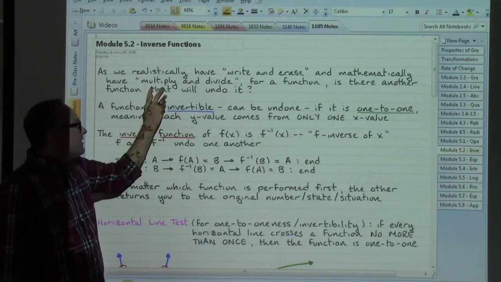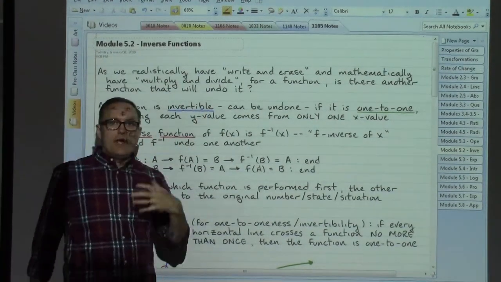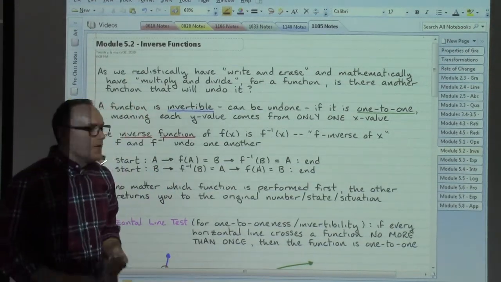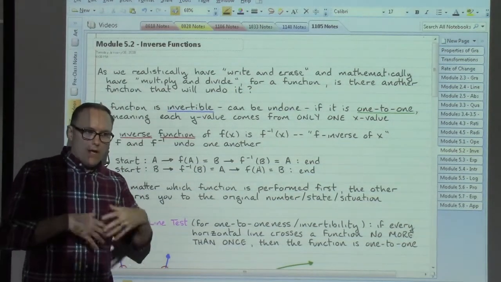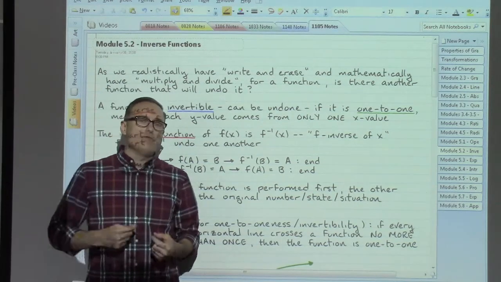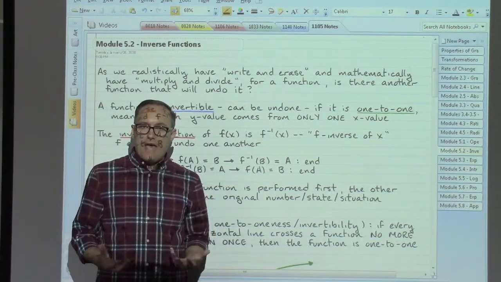And mathematically, you've got stuff that you multiplied, you can do some division and undo the multiplication. So if we talk about one function by itself, is there another function that can undo the effects?